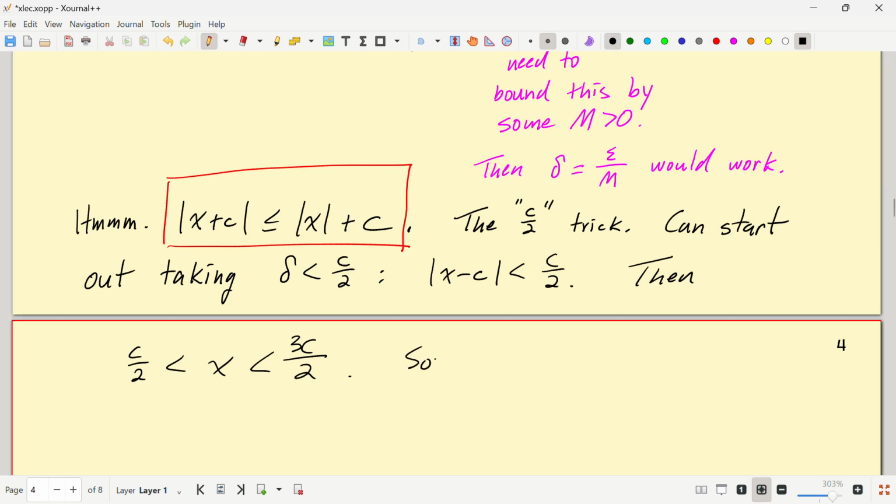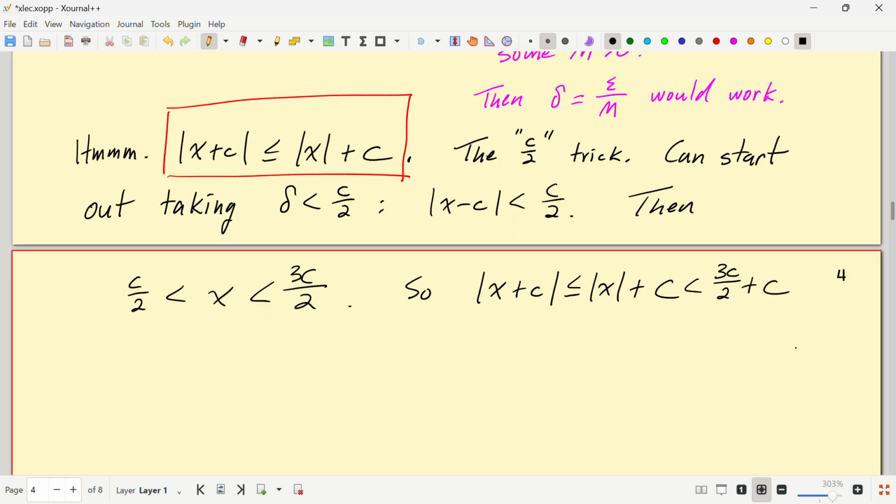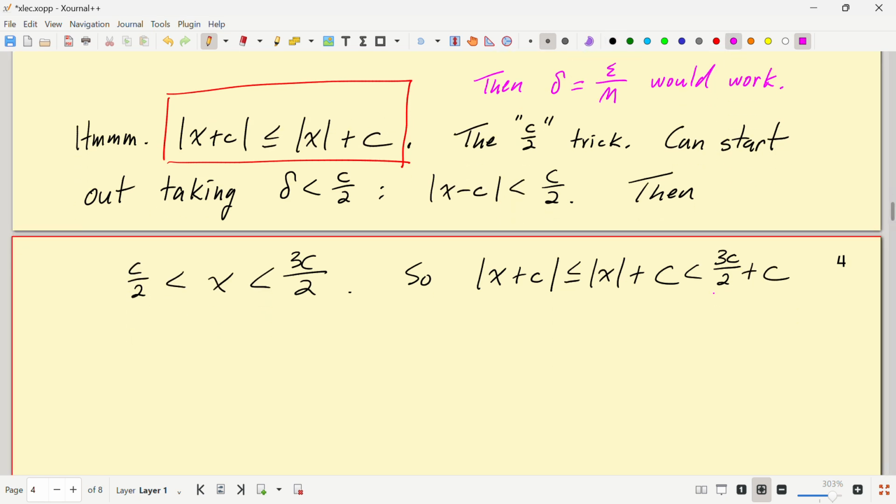So x plus c, which is the thing I wanted to get a bound on, is less than 3c over 2 plus c. That would be 5c over 2. That's the m.